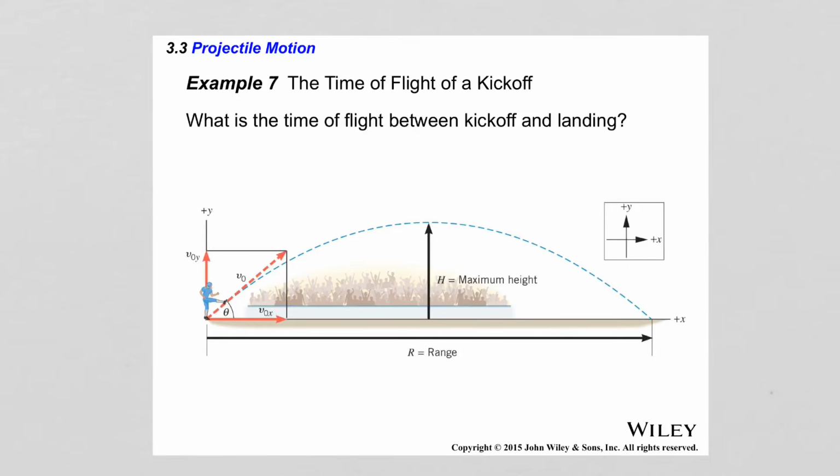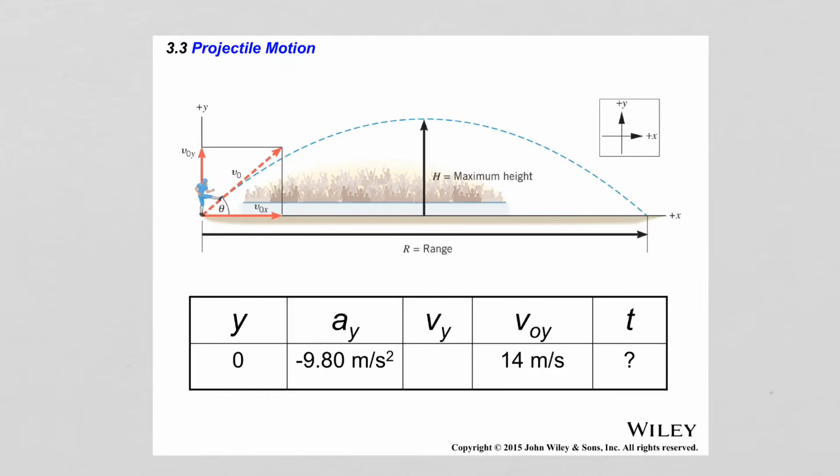Another question that can be asked in relation to this example problem is how long did it take for the ball from kickoff to landing? So the information that I have is that the vertical displacement is equal to 0. Why is that?